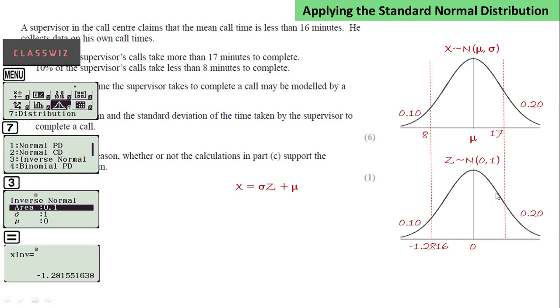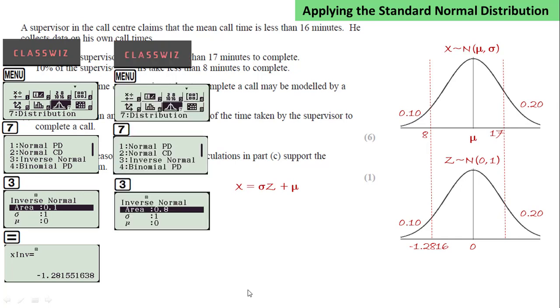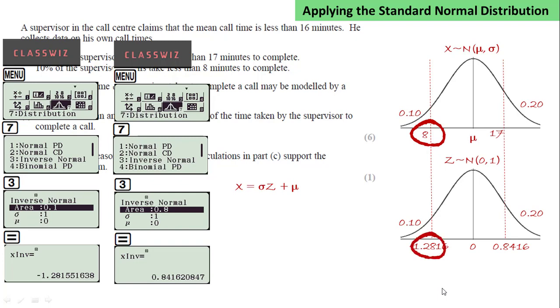The area in the run-up to this tail is 0.8. So we're going to go through exactly the same cycle. Now we put the area in as 0.8. When we press equals, we see the Z value is going to be 0.8416. The X value 8 corresponds with a Z value of minus 1.28.